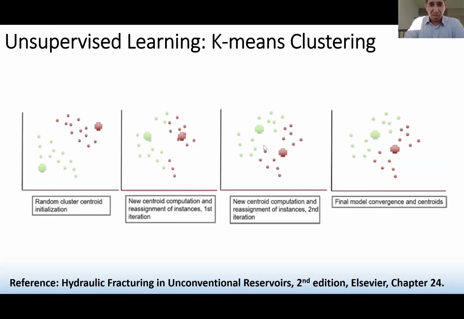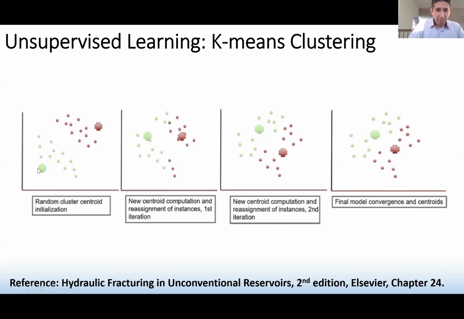So let's look at this picture here. Let's start from the left-hand side. What you see here is, let's just say you want to use two clusters to cluster your data. And where did I get two clusters? You can do different techniques to get how many clusters you need. Or you can simply say, based on my domain expertise, to solve this problem, I would need two clusters, okay?